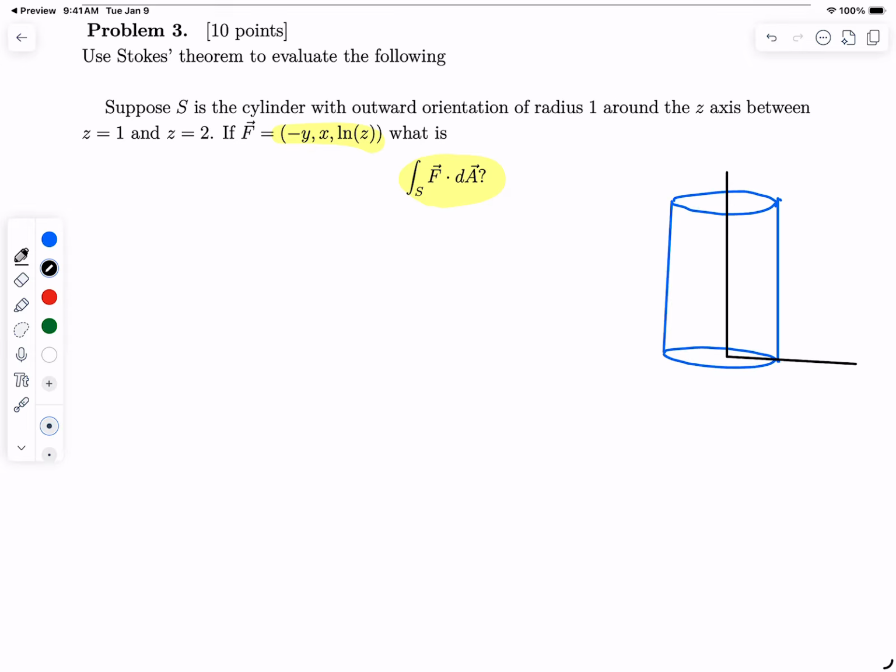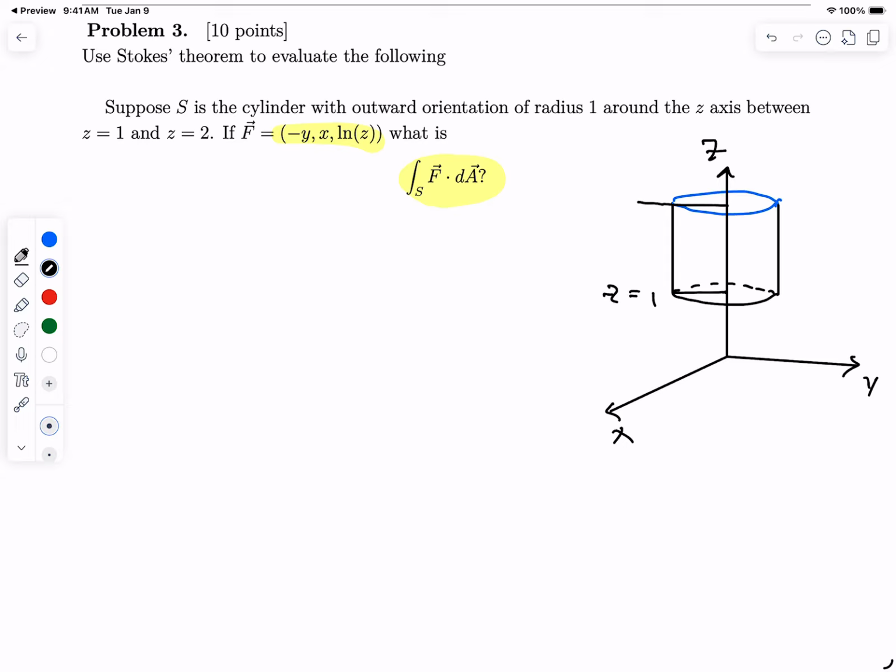So this is x, y, and z. This point is z equals 1, this one is z equals 2.